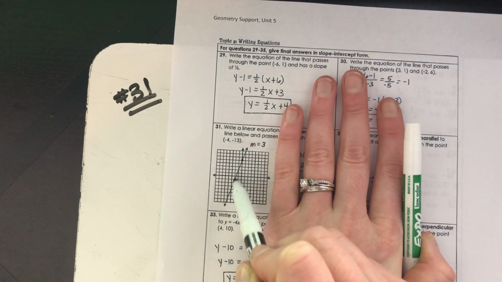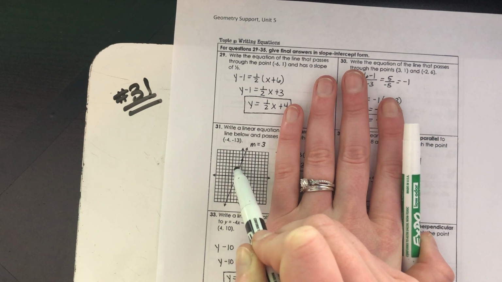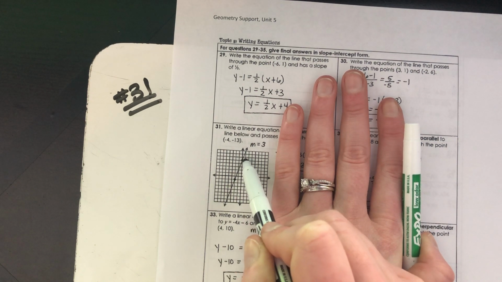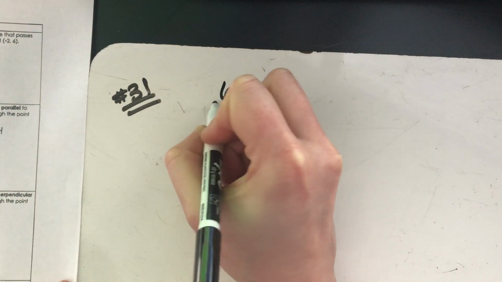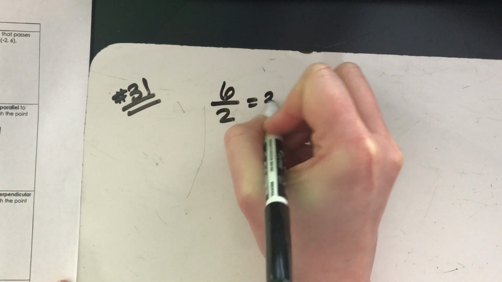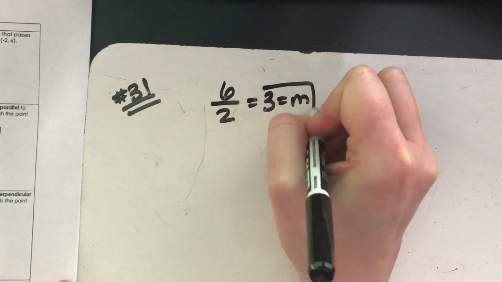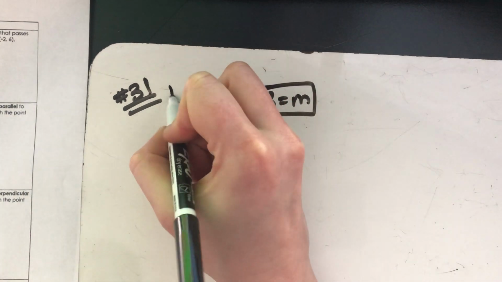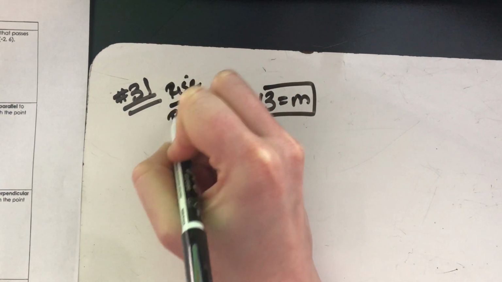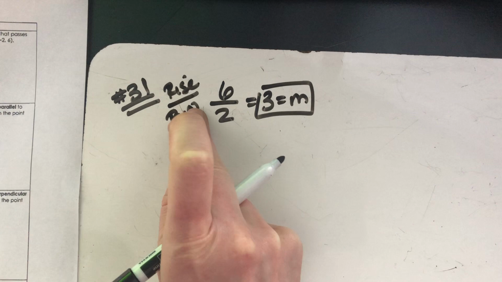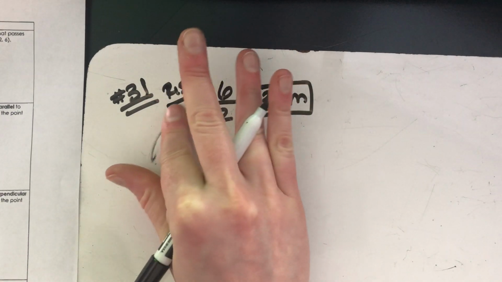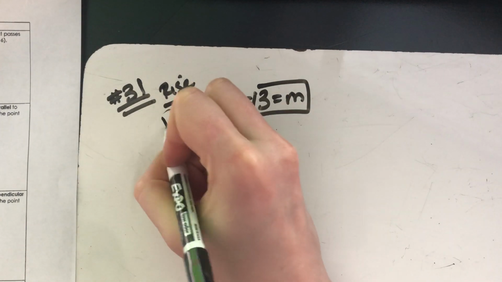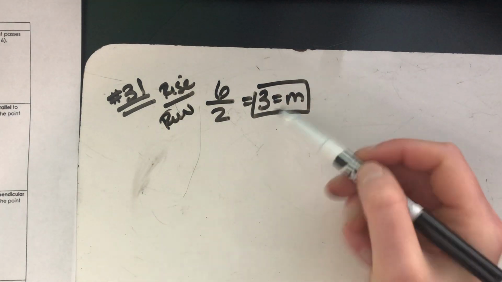That's because they looked at the dots and they were rising 1, 2, 3, 4, 5, 6, right 2. So if I rise 6 and go right 2, my slope is 3. So I have my slope based on my graph because of rise over run.